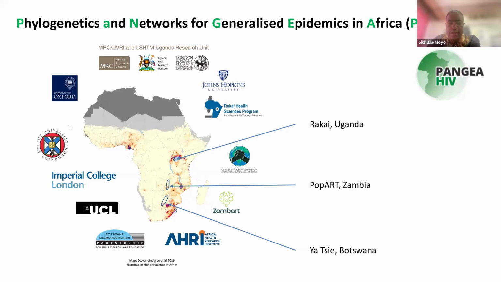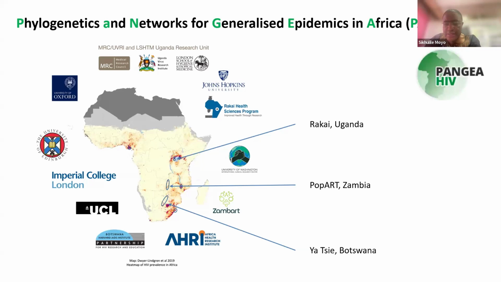We have brought together research cohorts and programs with the unique capacity to do high-depth HIV genomic sampling within these high-burden areas, and simultaneously collect detailed corresponding epidemiological metadata. I think that's very important, that we're combining both phylogenetics and classical epidemiology. Oftentimes genomic data is not put in context, which we actively address as part of the consortium design.